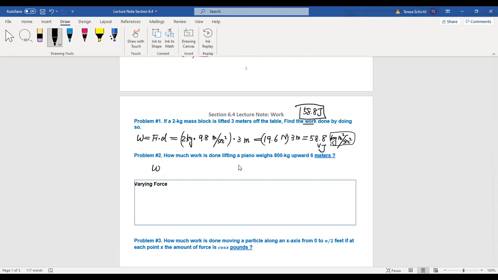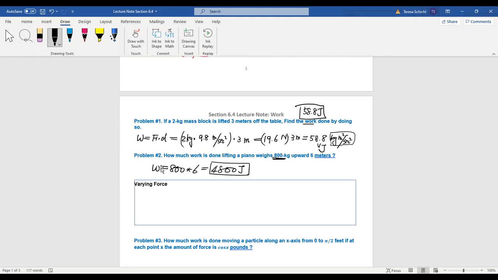So now we say the work will be the force. The force in here is already 800, then just do what? Times what? Times 6. So it will be 4,800 joules. Yeah, right? So in here, those are very, very basic and very simple problems.